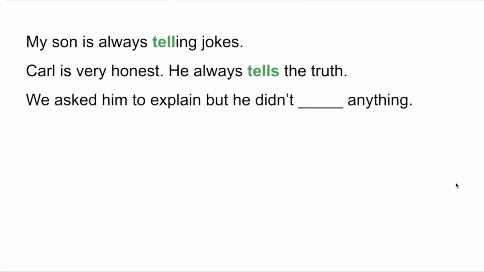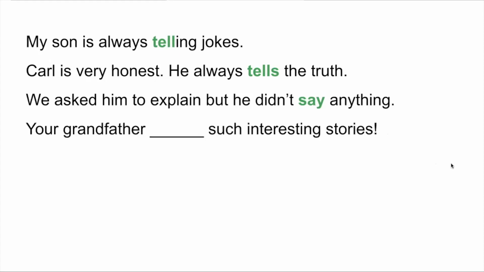We asked him to explain, but he didn't say anything. You know it's say because anything is talking about the words that are being said. Your grandfather tells such interesting stories.